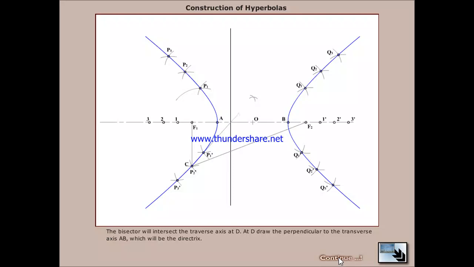The bisector will intersect the transverse axis at D. At D, draw a perpendicular to the transverse axis AB, which will be the directrix. Draw CE perpendicular to the directrix. Eccentricity is the ratio of CF1 and CE.